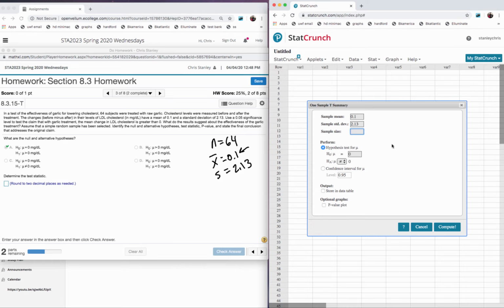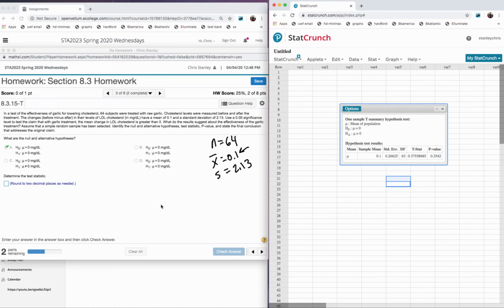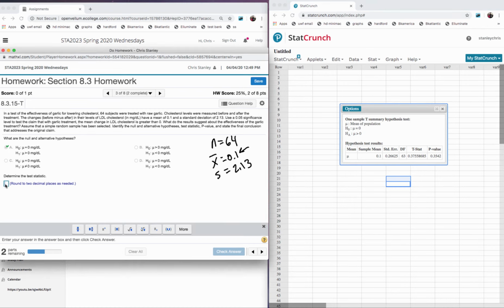The sample size was 64. The null is 0, and this needs to be a greater than because the claim is a greater than. See right over here. And this will give me the t-statistic. So what do we have to round it to? So 0.38.